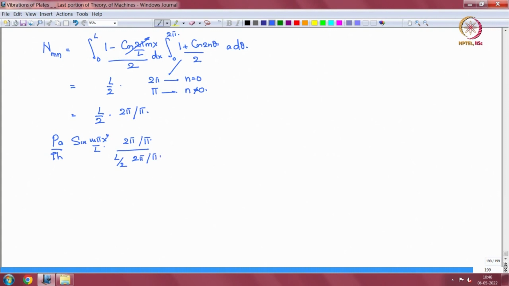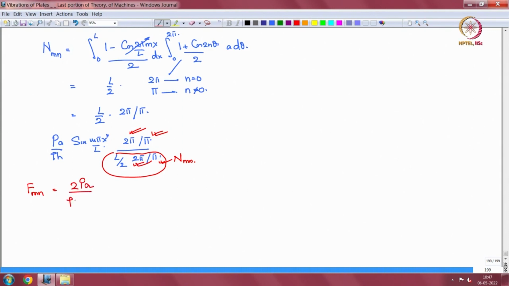When the numerator is 2 pi, denominator has 2 pi. When the numerator has pi, denominator has pi. So they cancel out.